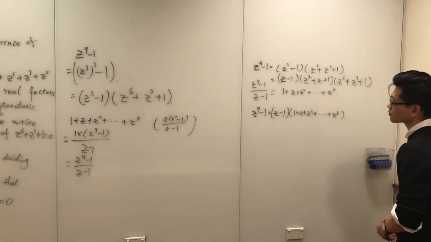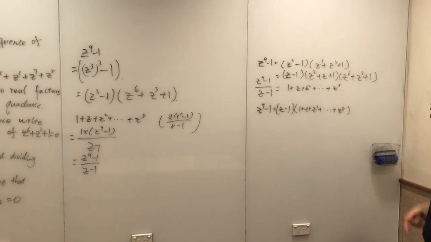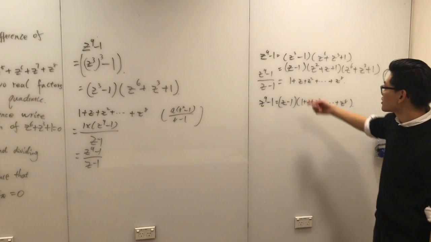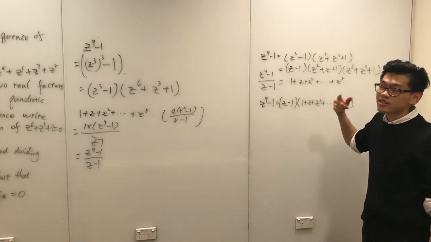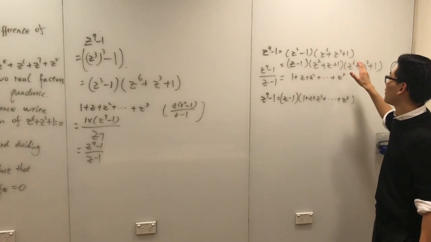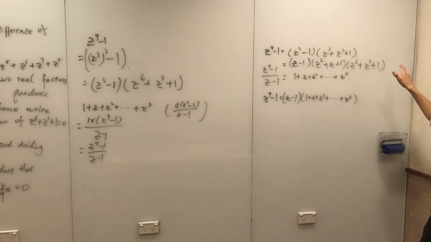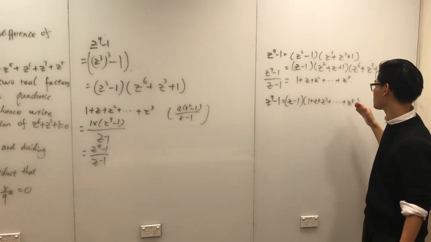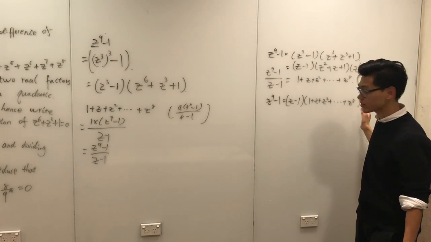Right? Now look at these two expressions. I hope you guys can see a clear result. z minus 1 and z minus 1 is the same expression, which means z squared plus z plus 1 multiplied by z to the power of 6 plus z cubed plus 1 is equivalent to 1 plus z squared plus, and so on, plus z to the power of 8.